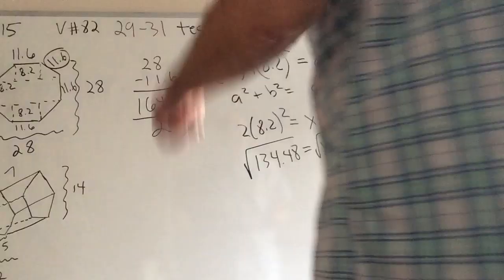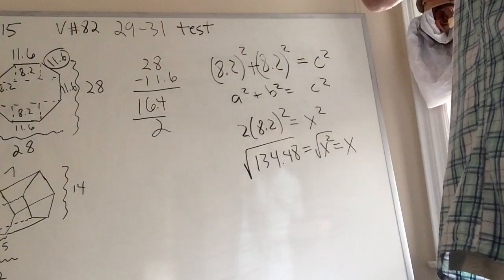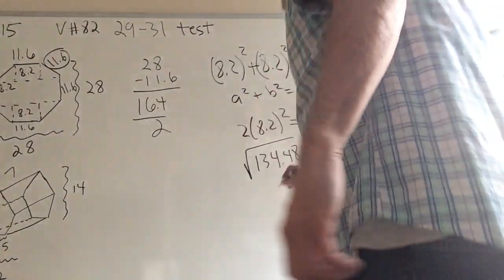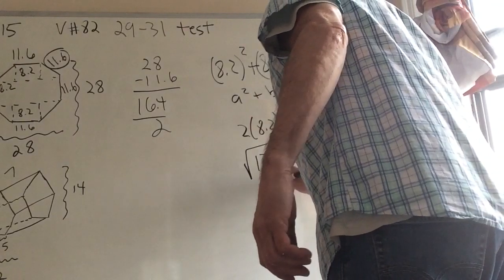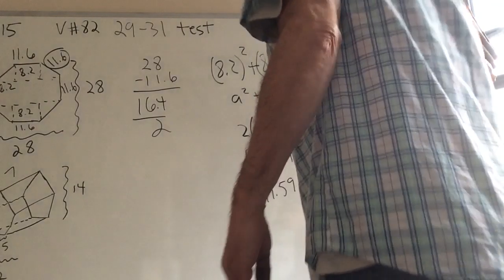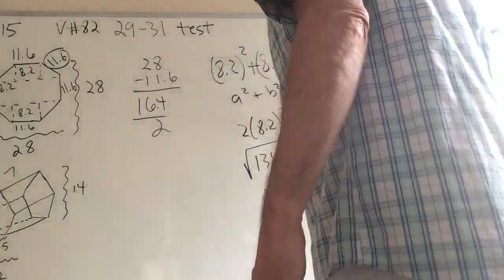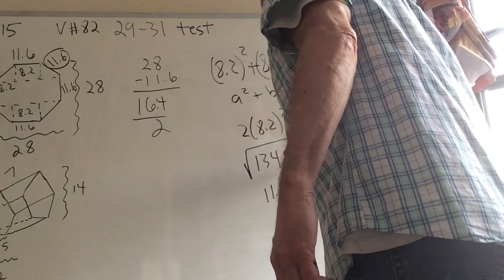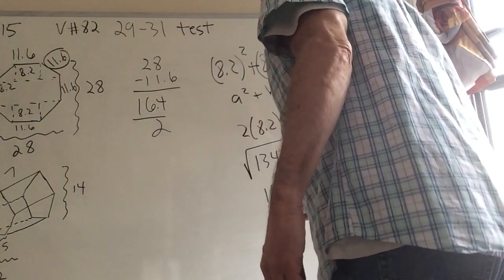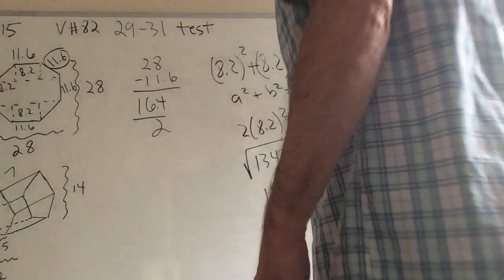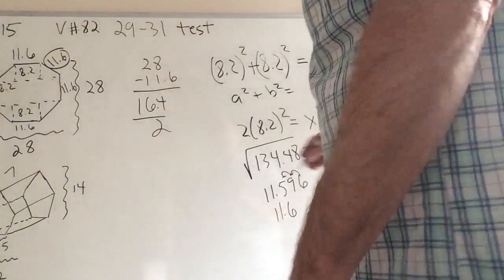There we are, the math that we've done so many times. Then the math turns out to be 11.596. So if we round, we end up with 11.6, off only by a tiny bit.